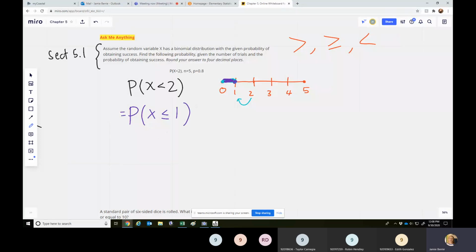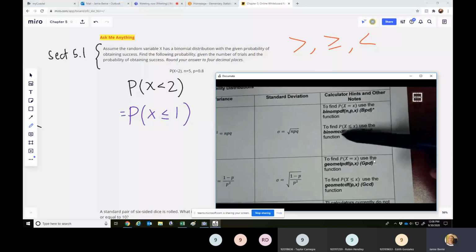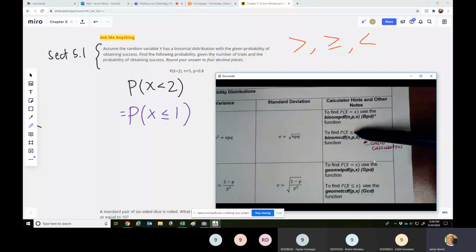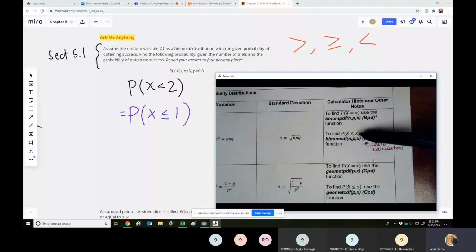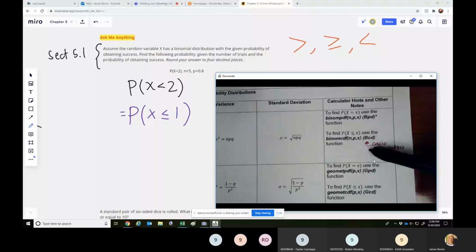All right, now that we have it in the correct format, let me refer back to our guide for probability distributions. Now we can use this binom CDF function since it's in the form of less than or equal to. To get there, you go to second vars in your calculator.